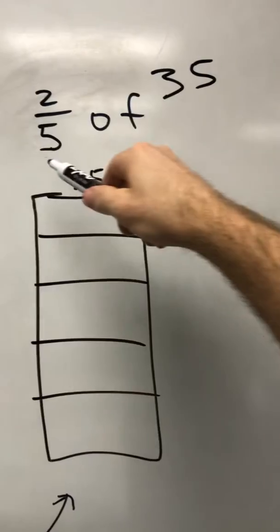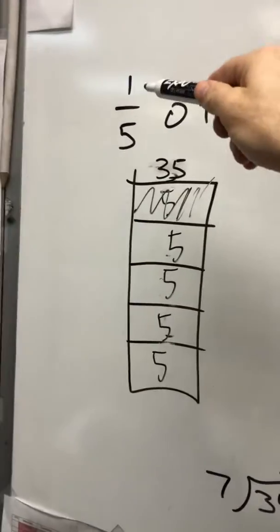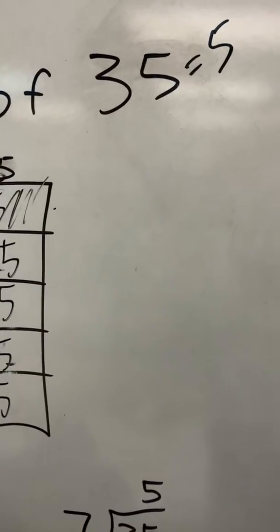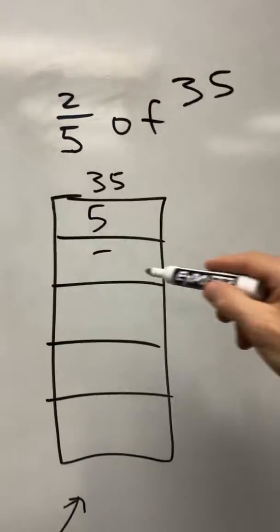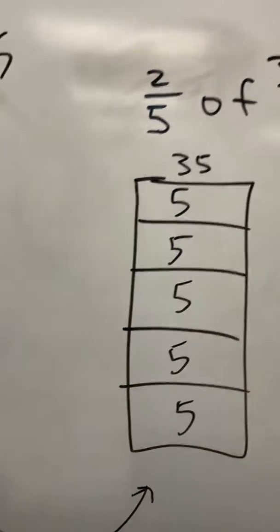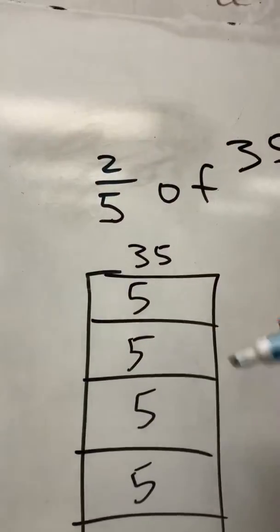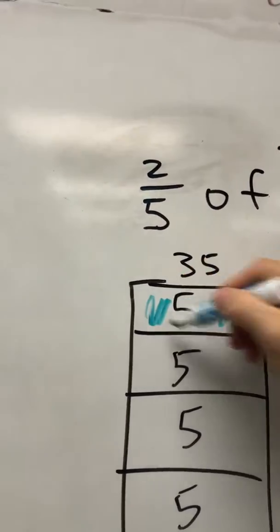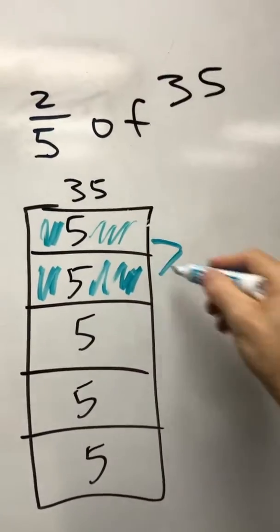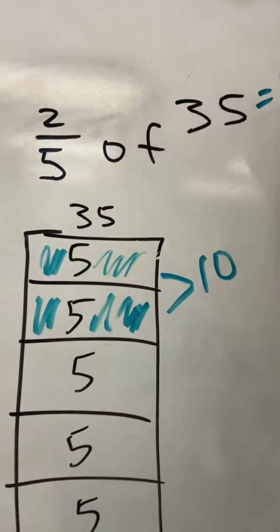Well, step 1, figure out 1/5. So 1/5, I got 7 in all of these. Now what is 2/5? I'm going to grab a different color marker here. 2/5 is 14.